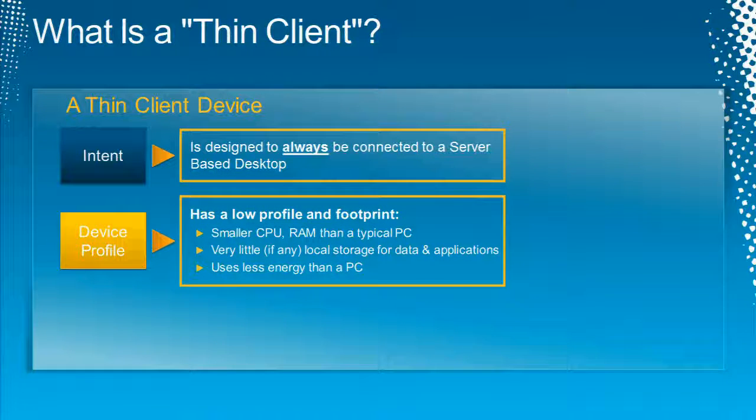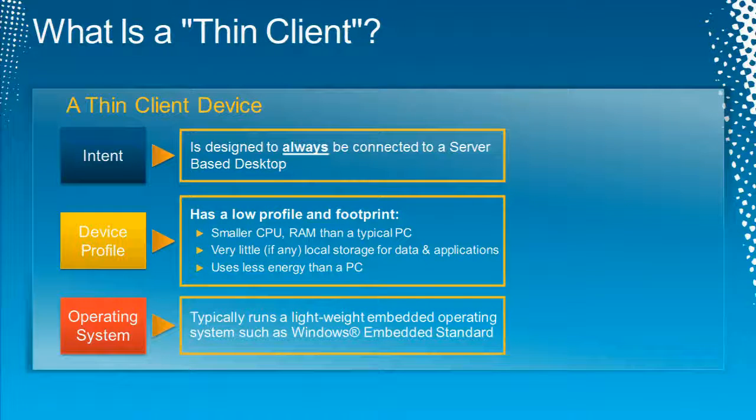The other characteristic of a thin client is its profile itself. Typically, lower footprints, very little, if any, hard disk at all. How many of you have been to the Remote FX Pavilion and you've seen those zero clients, those shiny new little things? Like them? Thinking about buying them, right? So those really have no storage at all, right? So most of these devices have extremely low profiles.